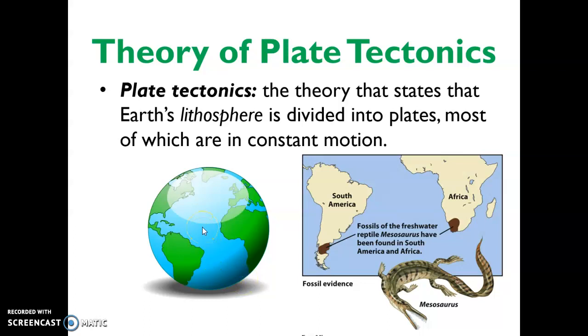Let's look first at the diagram on the left, which is the globe, and you see North America, Central America, and South America, and you see Europe and Africa, and up here you see Greenland. So one of the things that first developed this idea of plate tectonics was that if you pictured this continent and this continent shifting over here, and this continent shifting toward it, you can see they almost fit together like puzzle pieces.